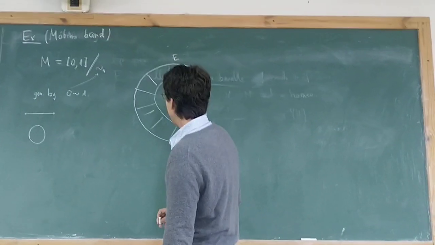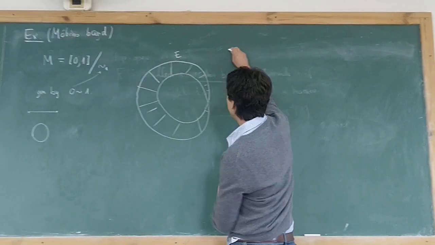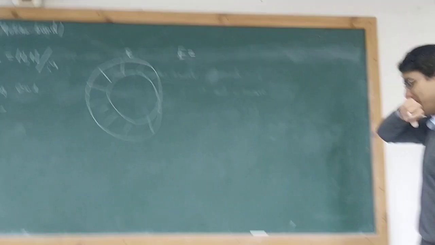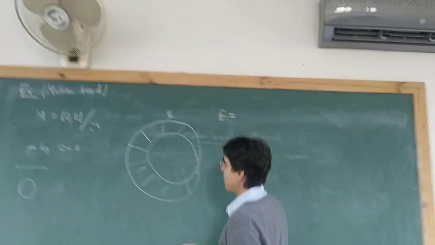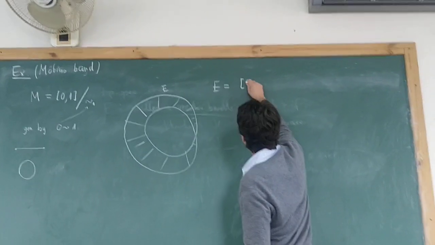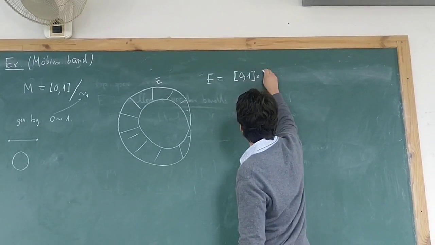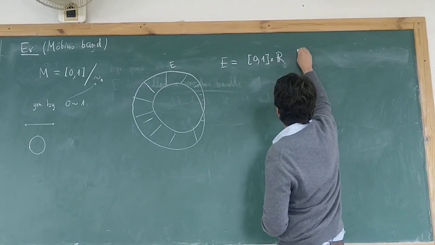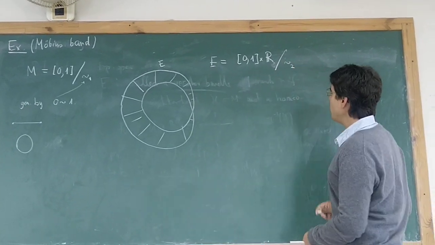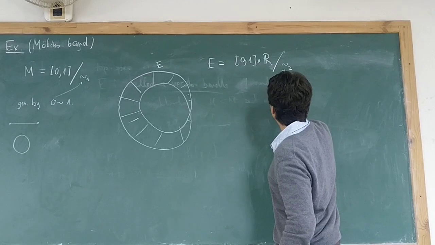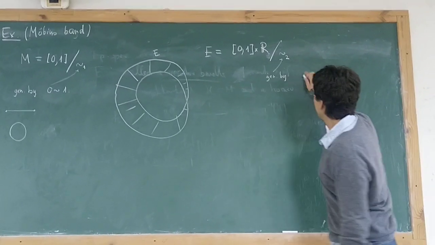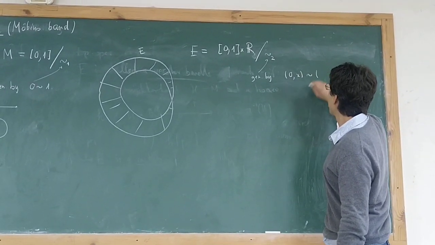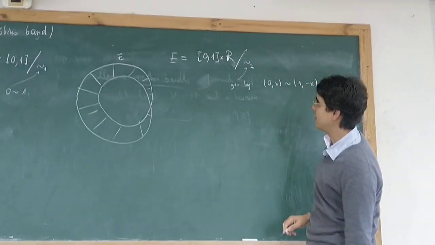Very nice. Mathematically, I'm not an artist, but I'm a mathematician, so I can write down a formula for E, which is in the same spirit as here. It's just [0, 1] cross R with an equivalence relation, which is now generated by the point (0, x) being equivalent to (1, -x).